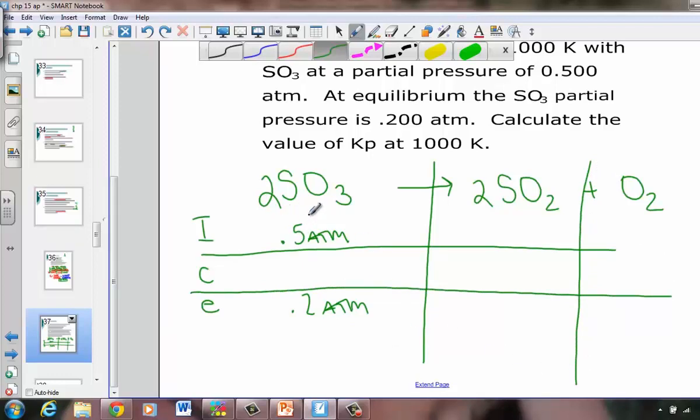Here we're given the initial pressure of SO3 and the equilibrium pressure of SO3. We can clearly see that it has decreased by a value of 0.3 atmospheres. We also know that there are no products in the initial equation, so we know that the value of their pressure is at 0 atmospheres.